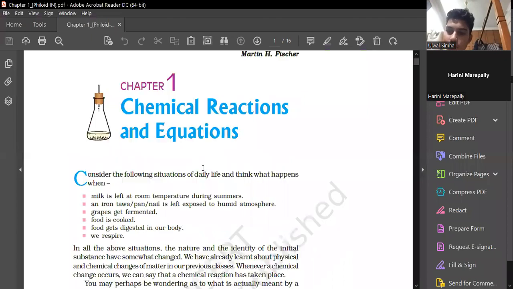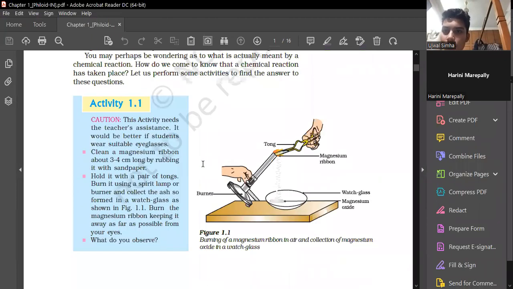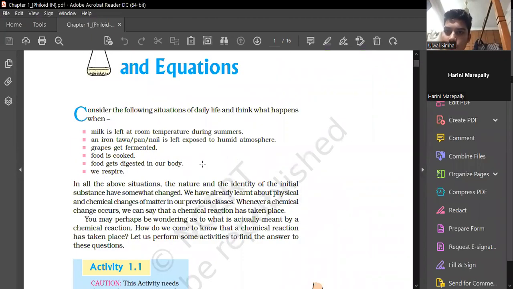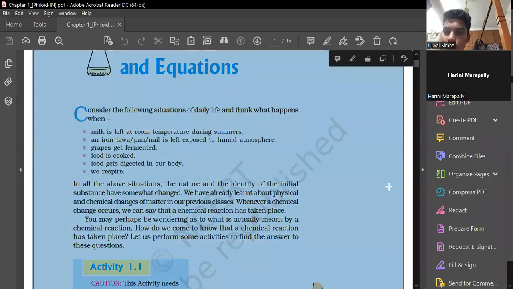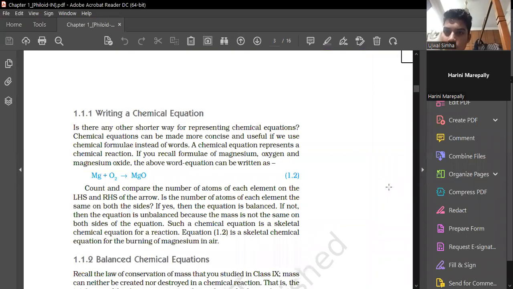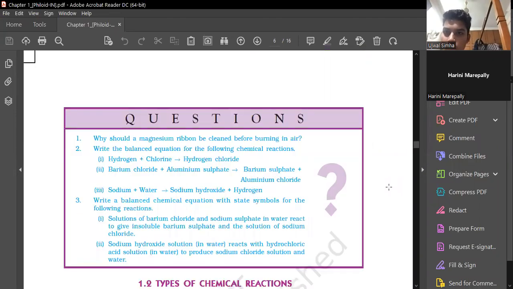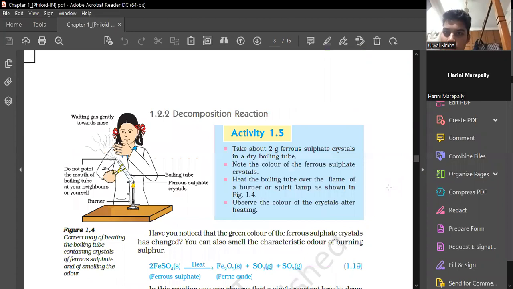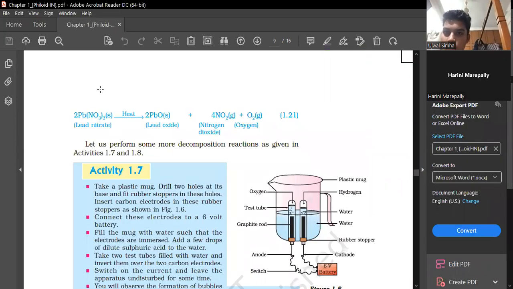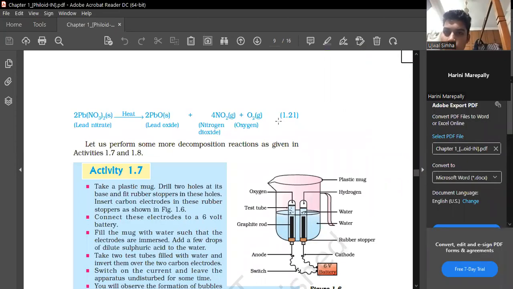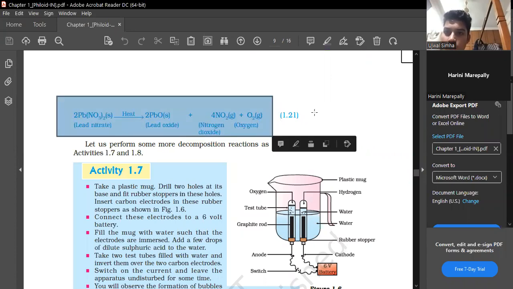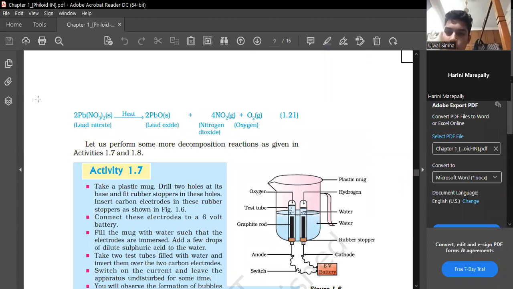Now can you see the textbook? This equation part, have you seen? Lead nitrate upon heating will produce lead oxide plus NO2 plus O2.